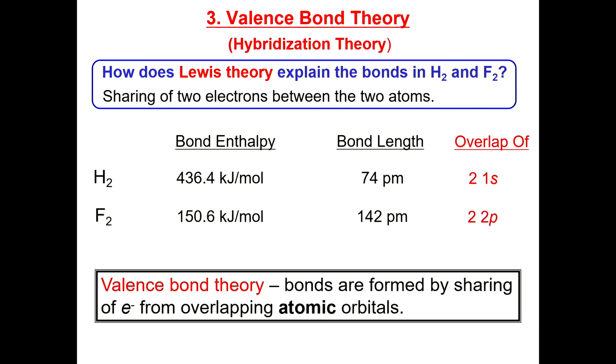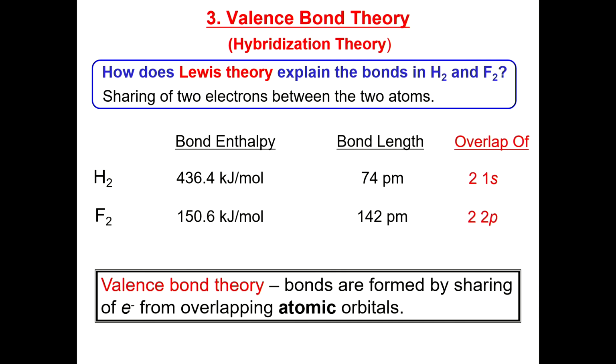So now we introduce the third part of this chapter, valence bond theory. It's also called hybridization theory. So we learned the Lewis theory.